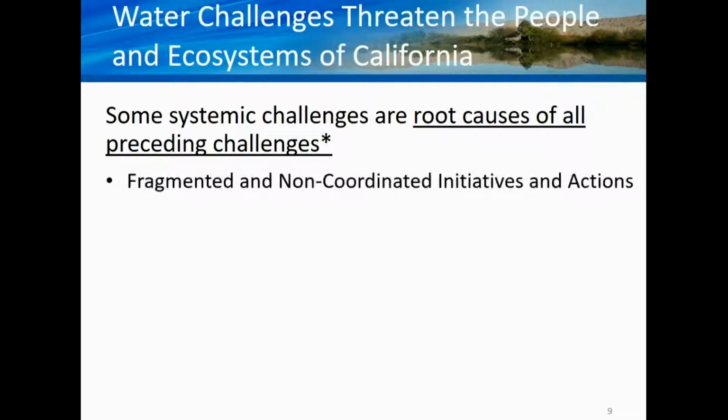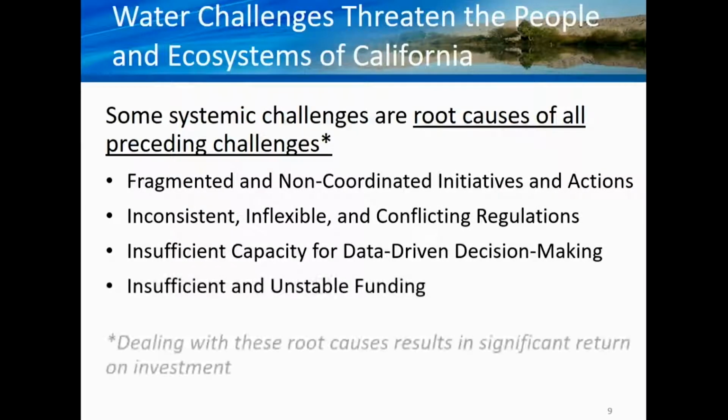So one of our big takeaways here is that there are some systemic challenges that we're faced with, and they're kind of the root causes for all those other challenges, or how we're addressing these other challenges. And so we're saying that there are some non-coordinated initiatives and actions. We have inflexible and conflicting regulations in places.